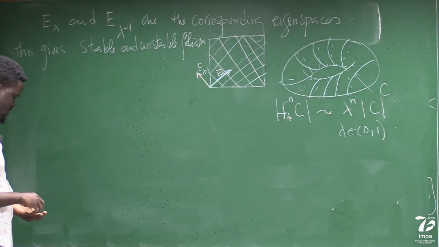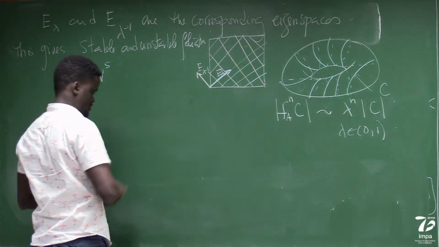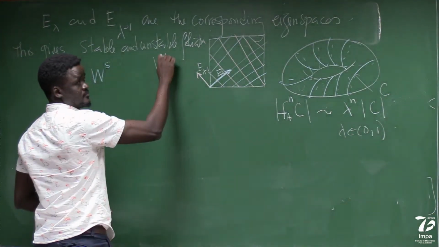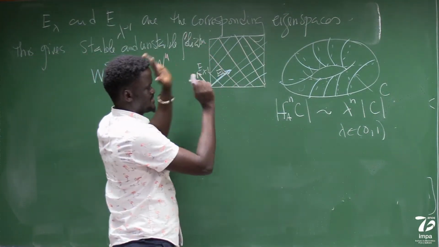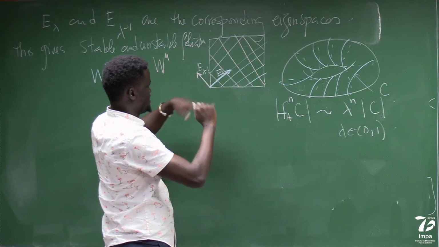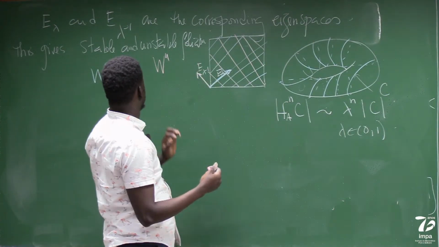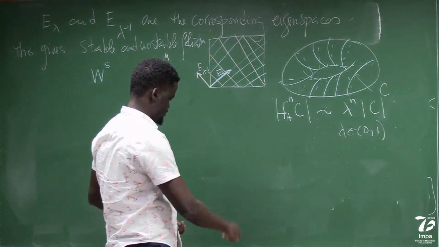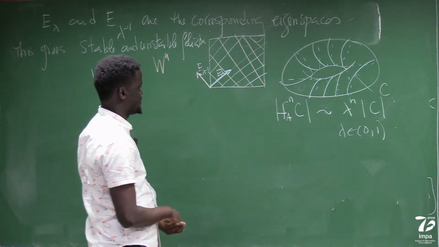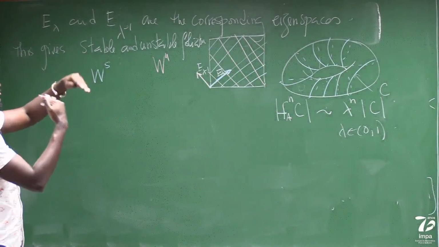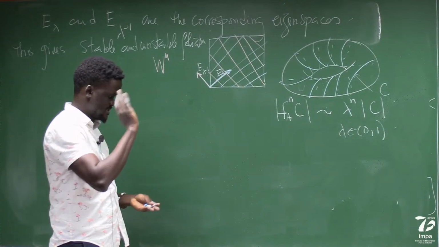If you don't know what this means, it's just that I have WS and WU, defined at every point, because at every point I have these two eigenspaces. In here, they are like straight lines, easy. Probably next lecture I will explain what problems you get in the general setting, when the system is not a linear system as here. So you have these two transversal foliations. Here they are orthogonal, but what is needed is just transversal, okay?